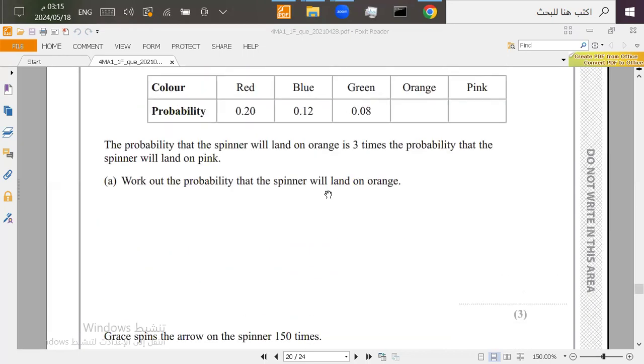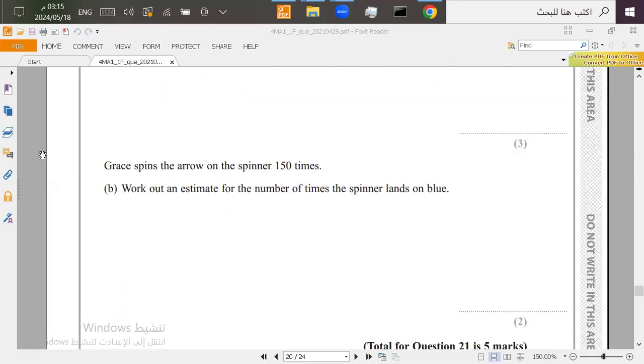Now, 0.12, this is the probability of blue. I'm going to multiply it by the times that she spins the spinner. So she spins the spinner 150 times. I'm going to multiply the probability of blue with 150. So 150 times 0.12, and I will get the answer, which is 18.